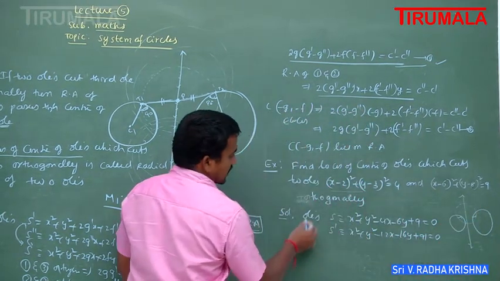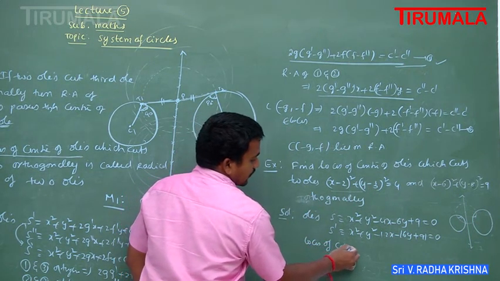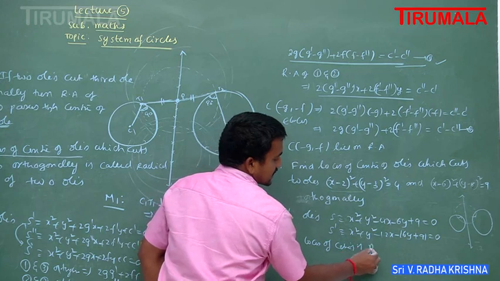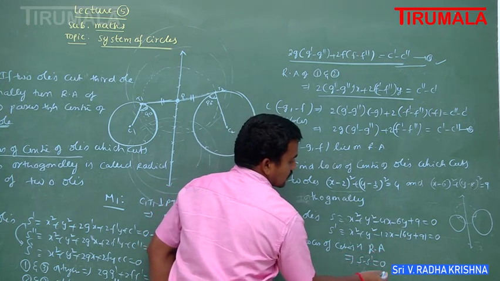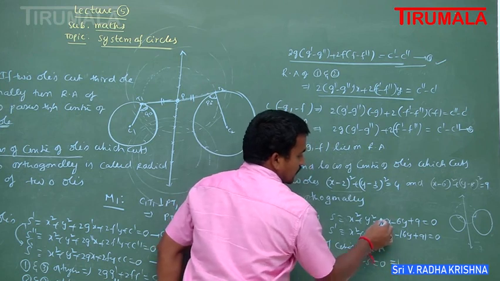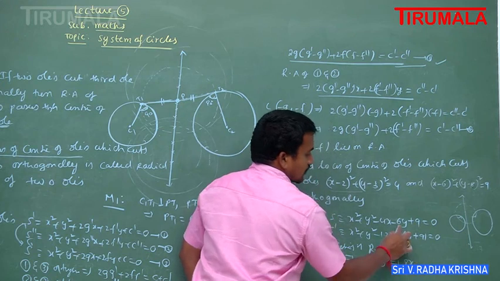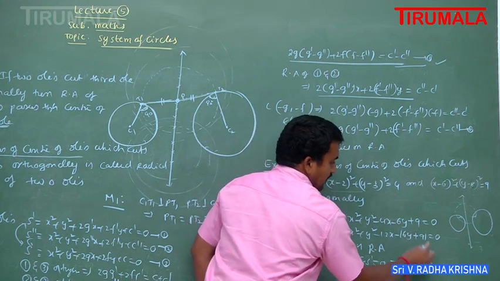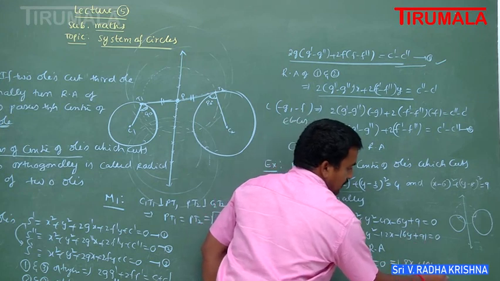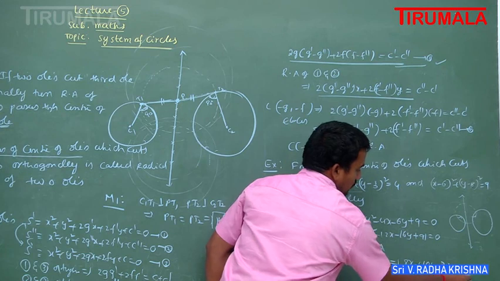So for the required circle, the locus of centers is the radical axis. That implies S − S' = 0. That implies we get −4x − (−12x) means 8x, −6y + 16y means 10y, 9 − 91 means −82, equal to 0.